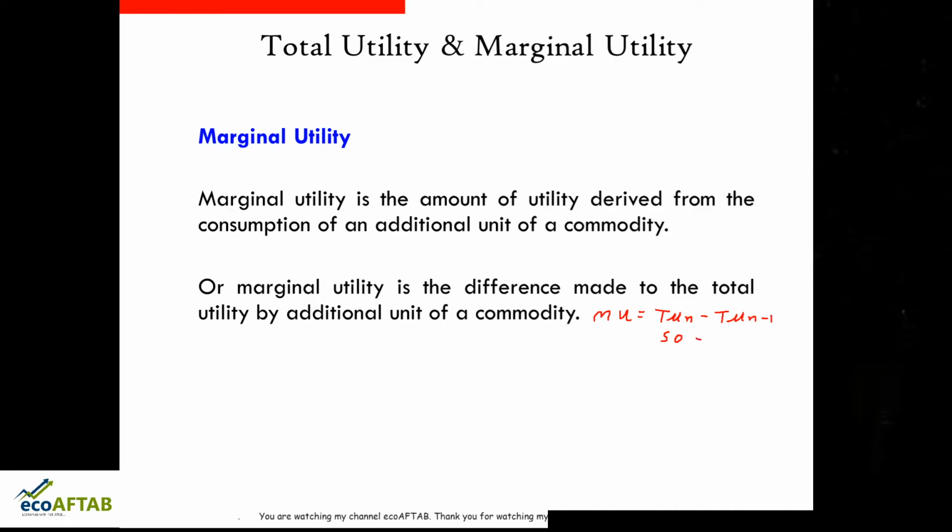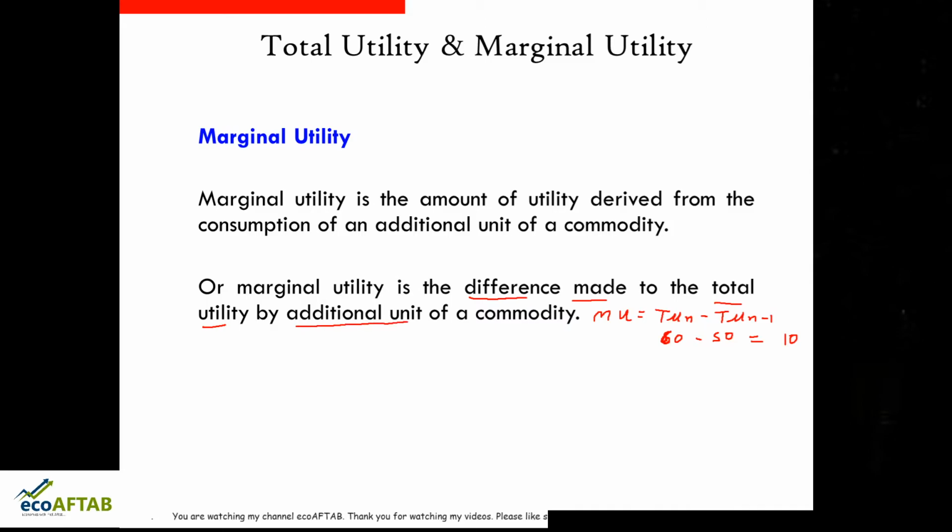And when I am consuming the 6th unit, my utility is 60. So now it is 60 and previously it was 50. So what is the change? It is 10. That is the difference made to the total utility by the additional unit.